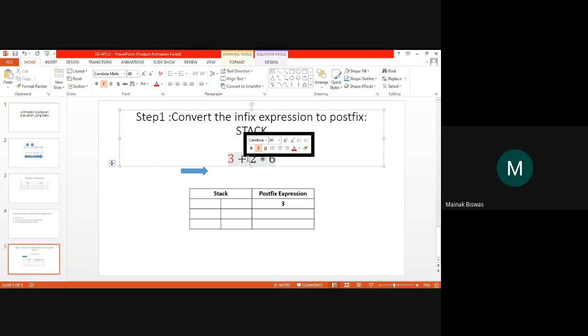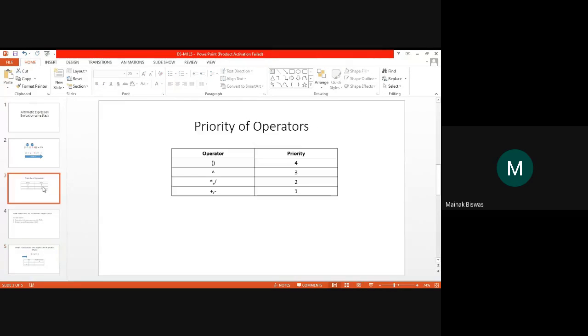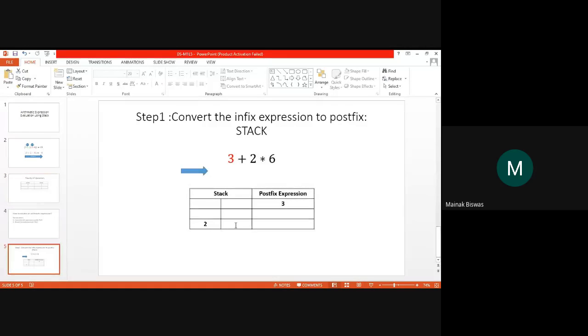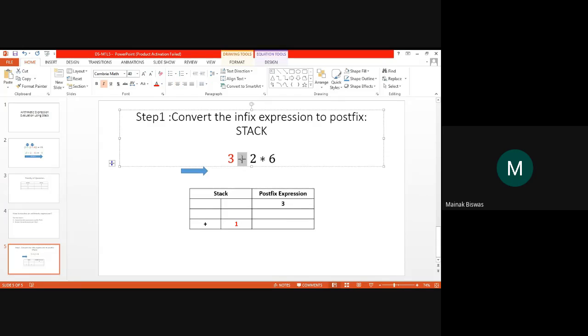We push it into the stack. Its priority is 1, and we write the priority on the right-hand side.